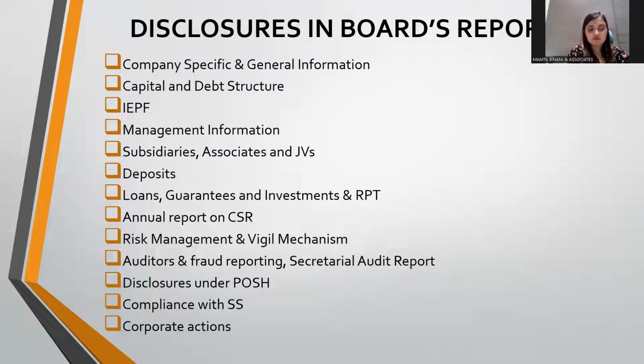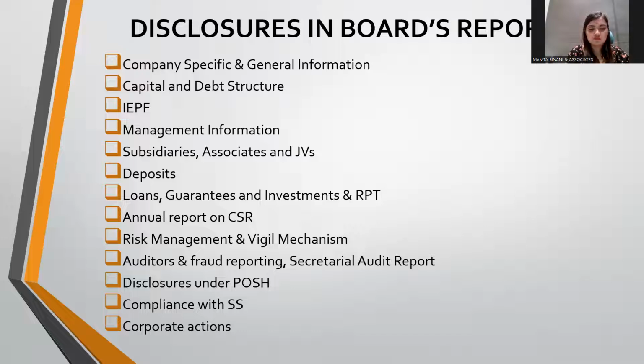Now, IEPF fund. I have already told that we have to include the information of dividend in the board's report. So if we have any amount which is transferred to the IEPF fund, we have to include that also in our board's report.